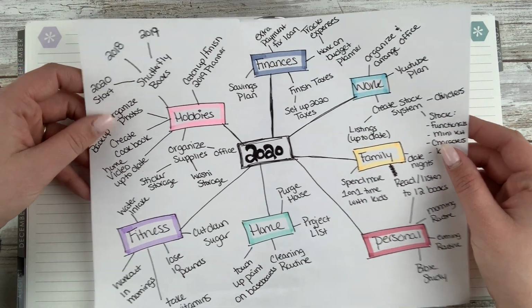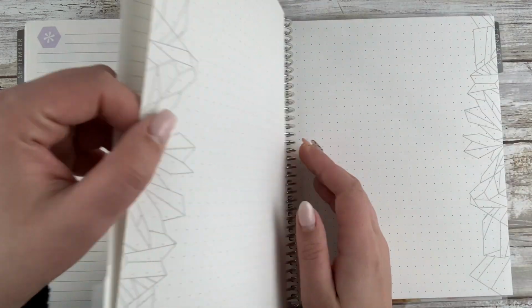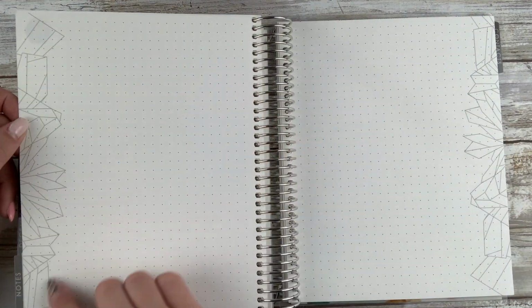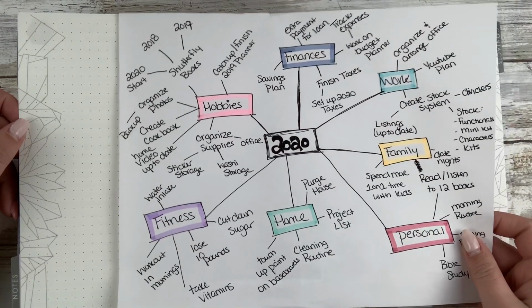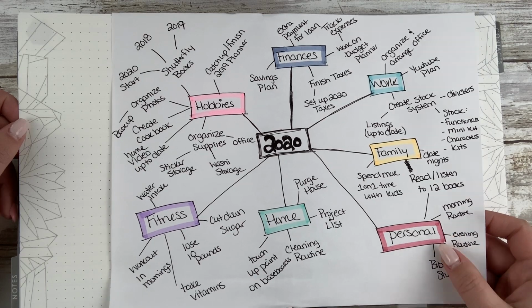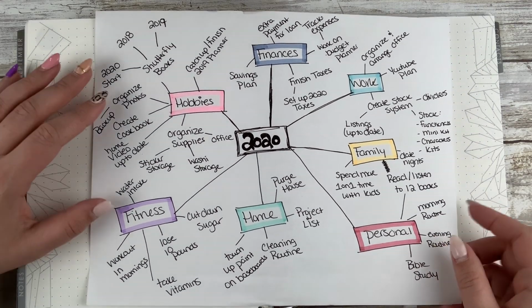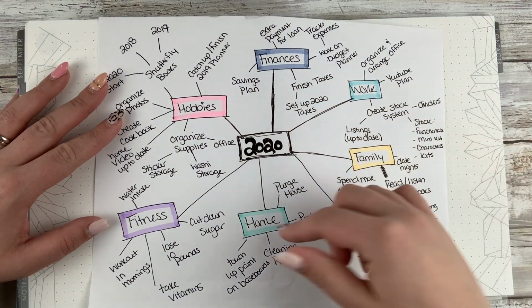I was thinking of putting it in the notes sections that have the dot grid, because I don't really care for this, but I find that I will want to refer back to this, especially when I'm starting a new quarter. And you'll notice that I have different colors for each category.